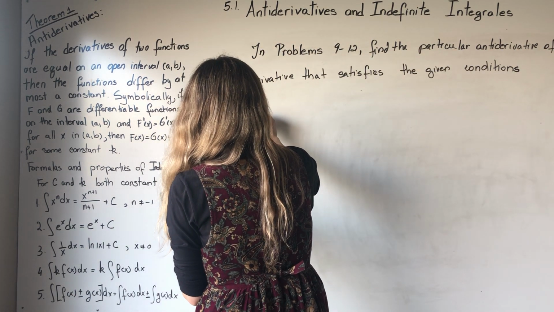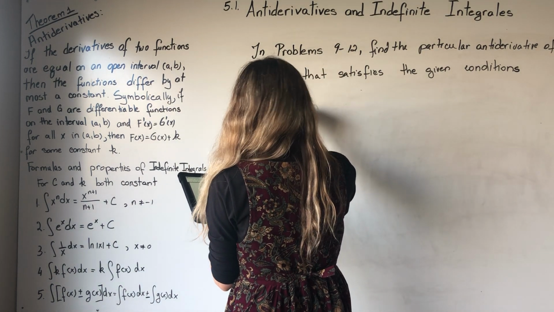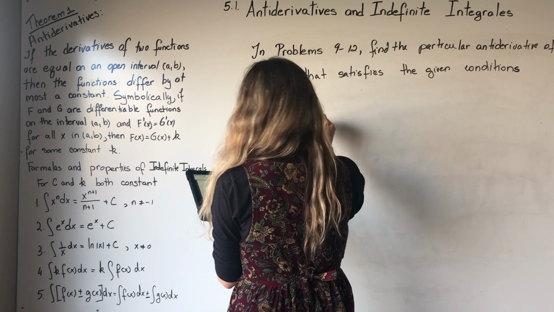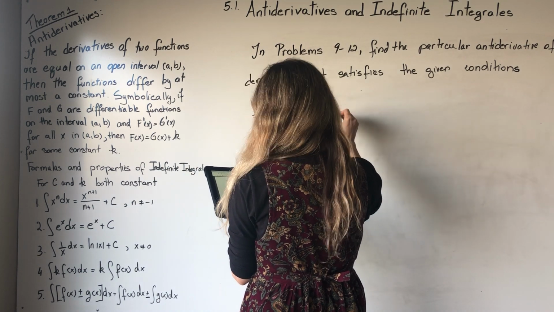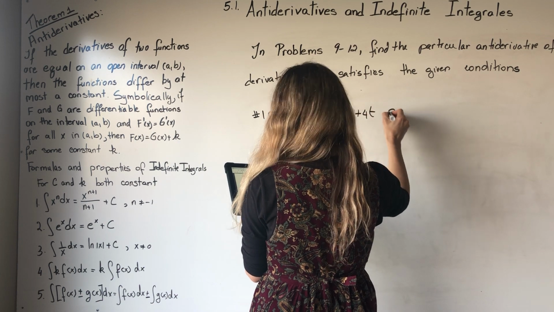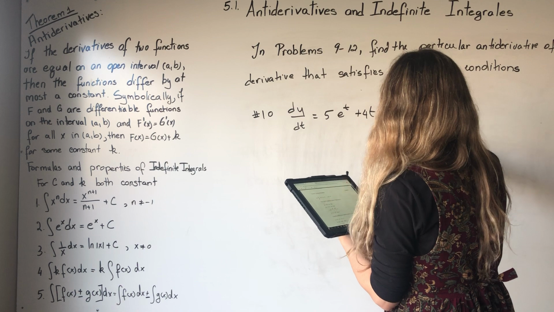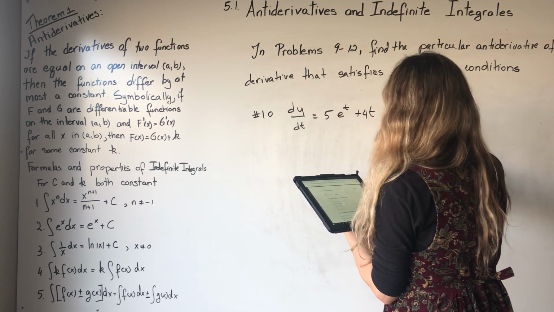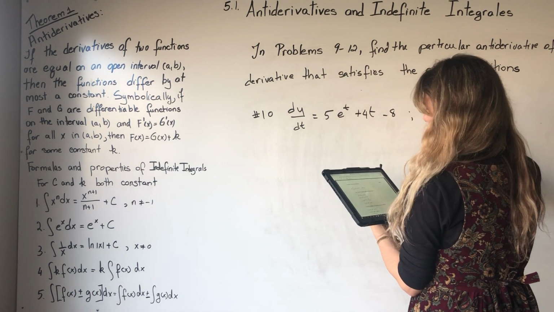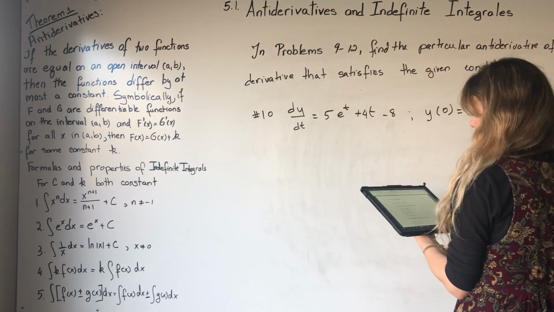So, number 10, we have dy over dt equal to 5e to the t plus 4t minus 8. And I know that y at 0 is equal to 8.